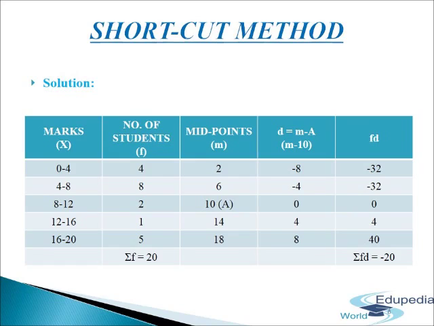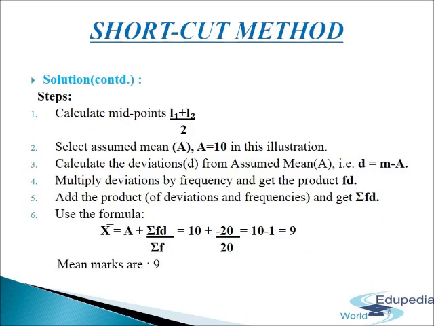Then we will calculate the deviations from assumed means, that is M minus A equals to D. After calculating the deviation, we will add the products of deviation and frequency and get sigma FD. In this particular illustration, sigma FD is equals to minus 20.